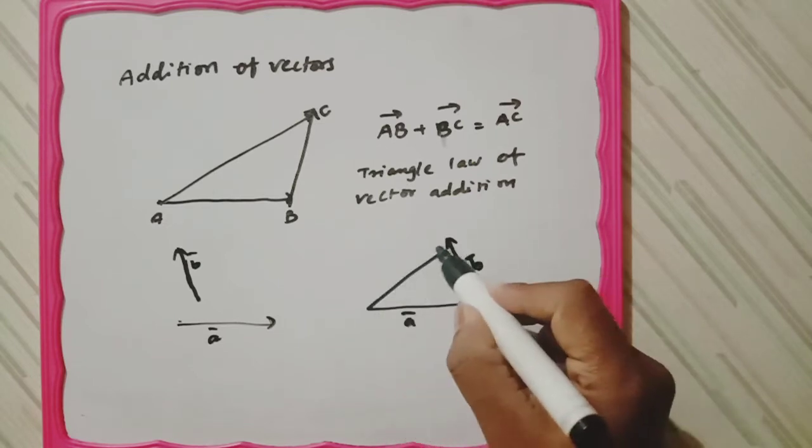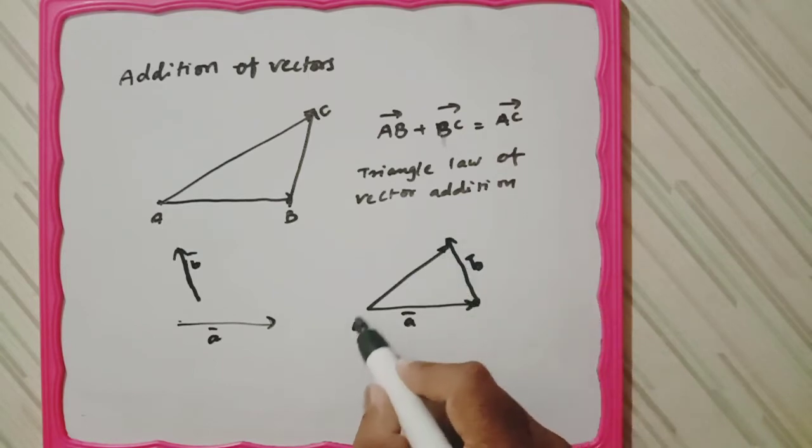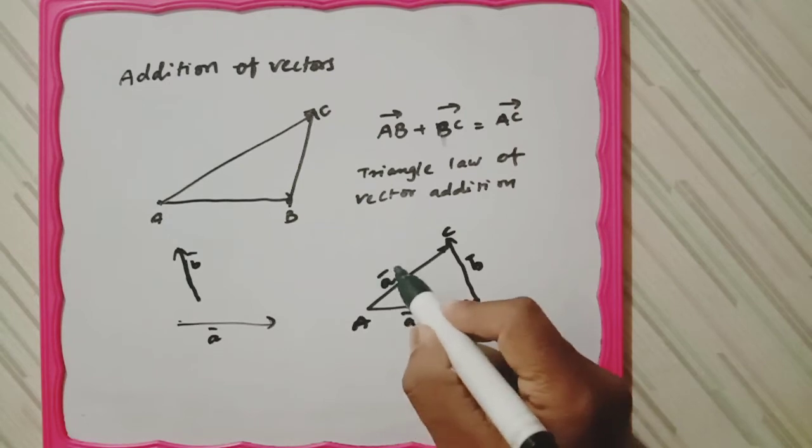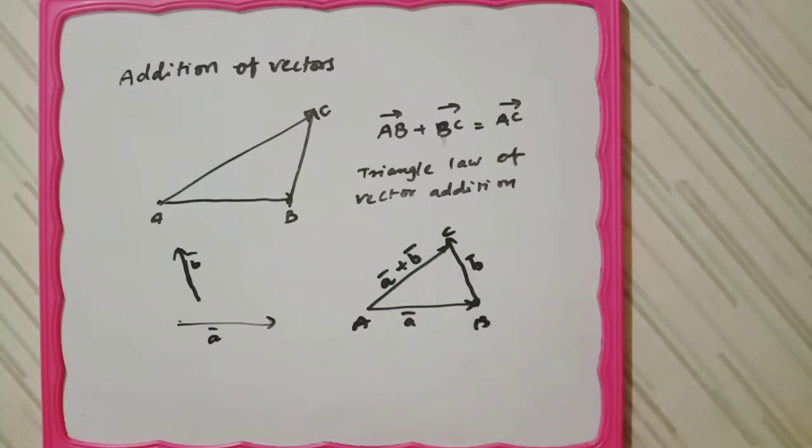Then we get the final vector AC, which will represent A bar plus B bar. So this is known as the triangle law of vectors.